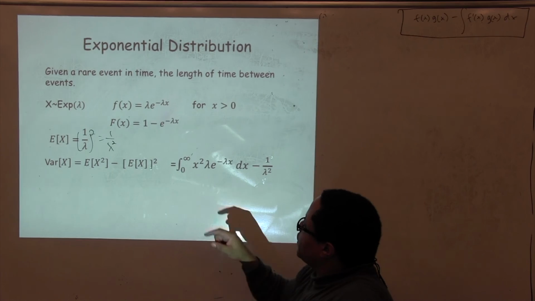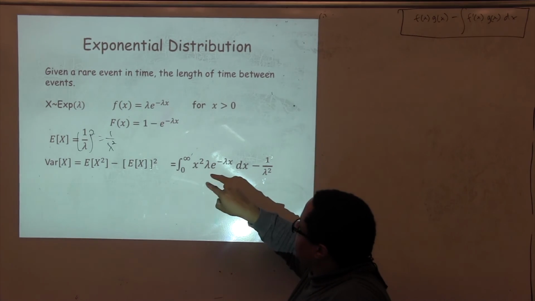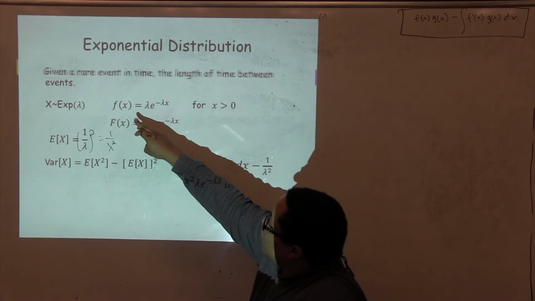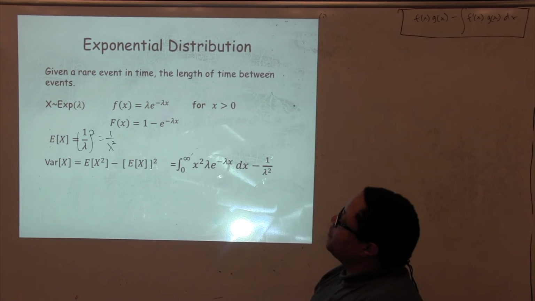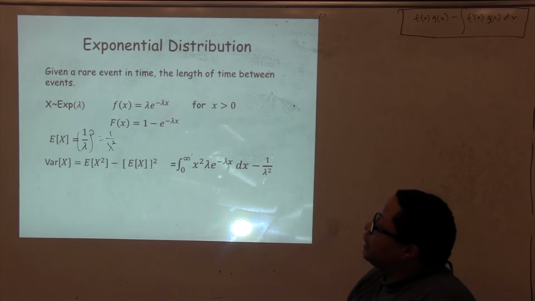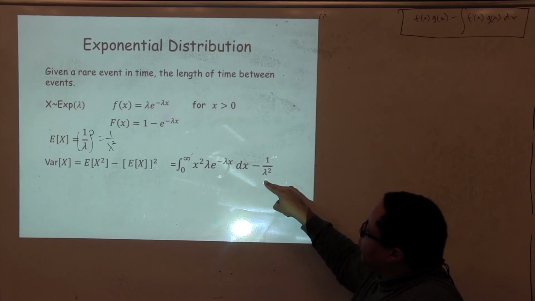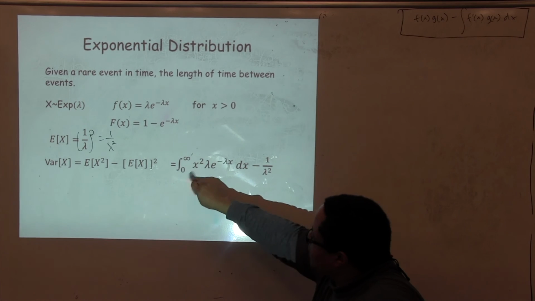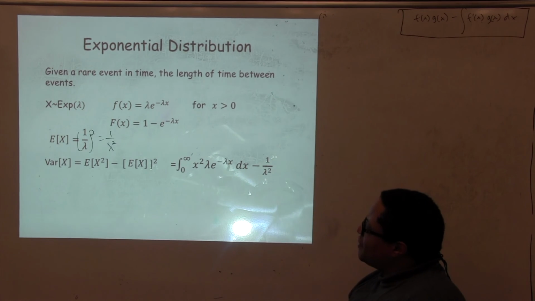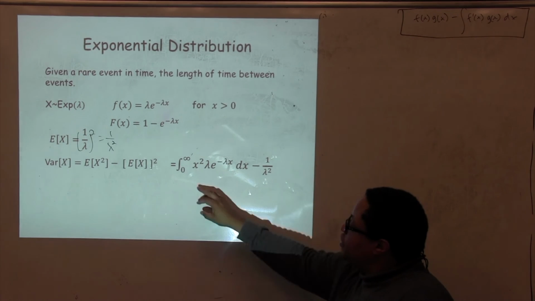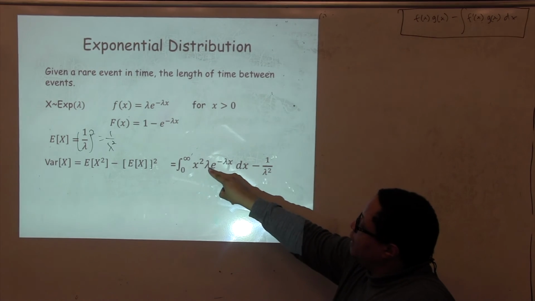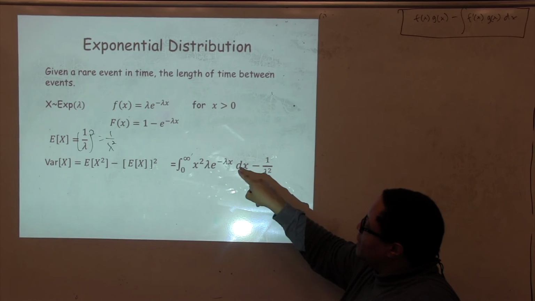So we have x squared times f of x, where f of x is our probability density function, f of x equals lambda e to the minus lambda x. So this part is all taken care of. Now what remains is to compute this integral from 0 to infinity of x squared lambda e to the minus lambda x dx.